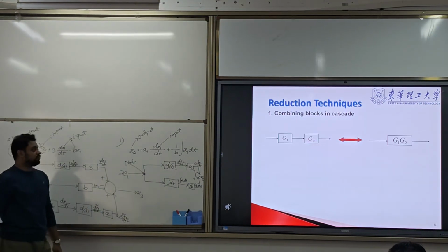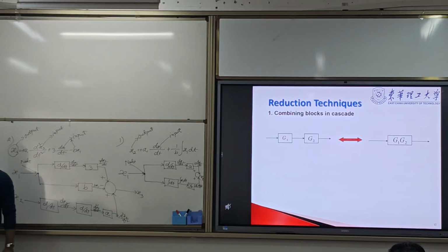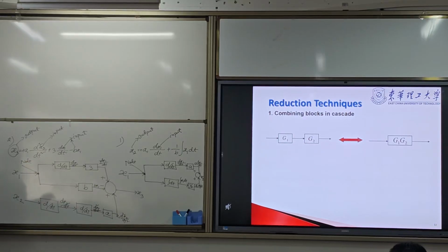So how can you solve it? First of all, there are 8 rules. We will learn each rule one by one. First rule: combining the blocks in cascade. Cascade means series.